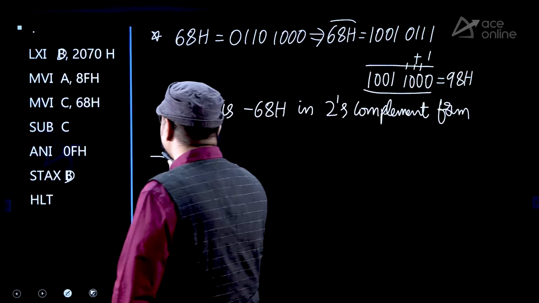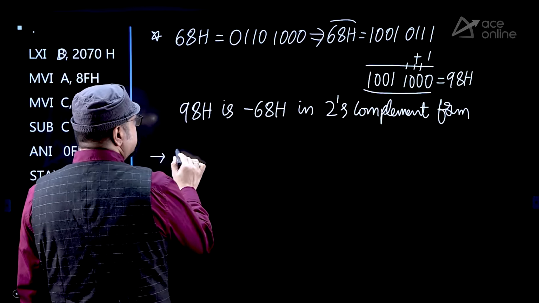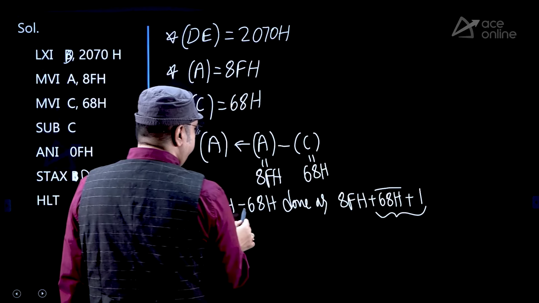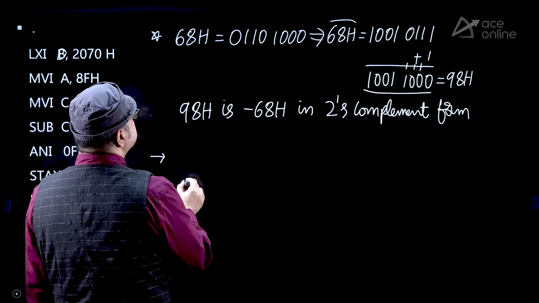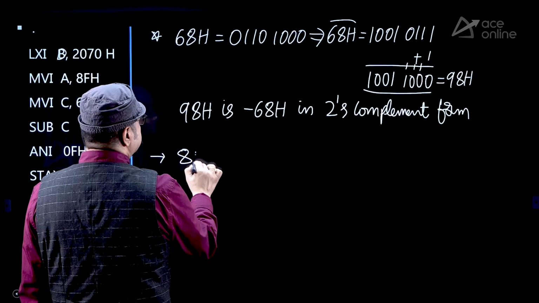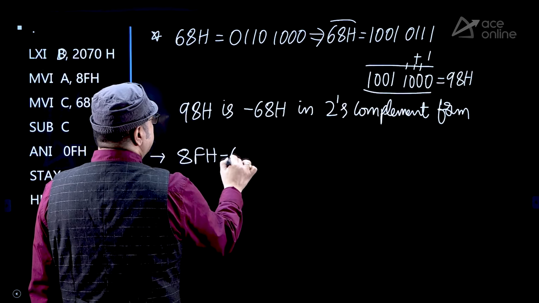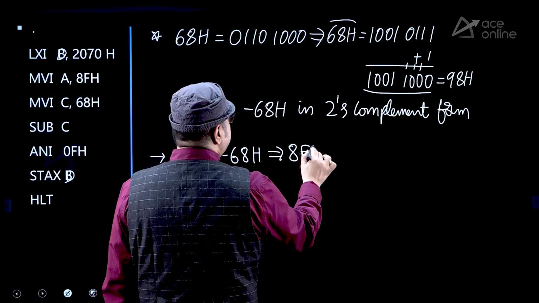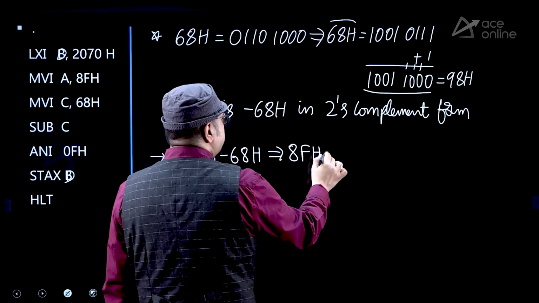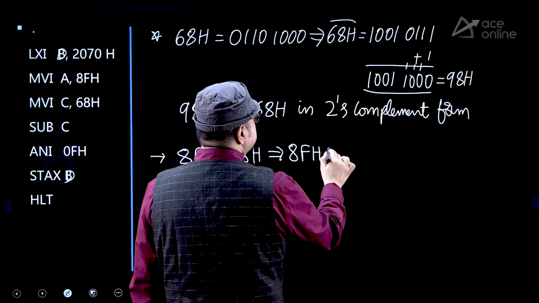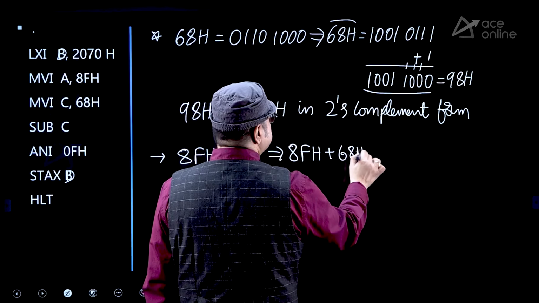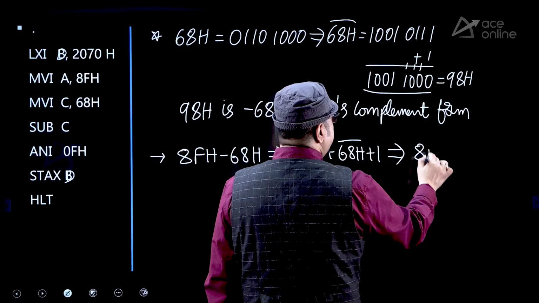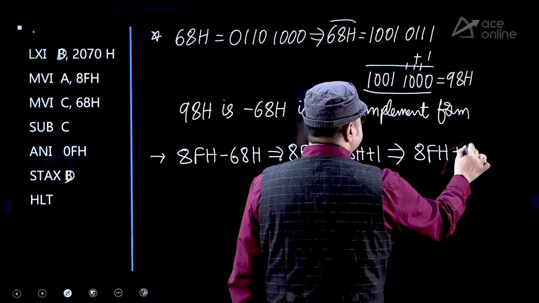So this, 8F hexa minus 68 hexa, is actually done as 8F hexa plus 68 hexa bar plus 1, which is 8F hexa plus 98 hexa.